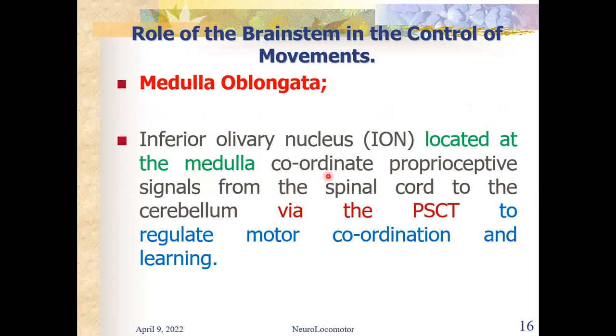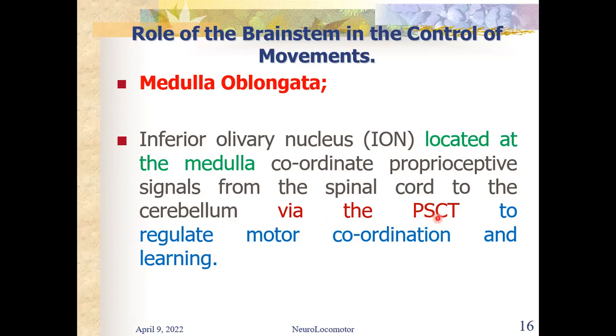What does it do? It coordinates proprioceptive signals from the spinal cord to the cerebellum via the posterior spinocerebellar tract. If you can still remember, one of the ascending pathways, the spinocerebellar tract.